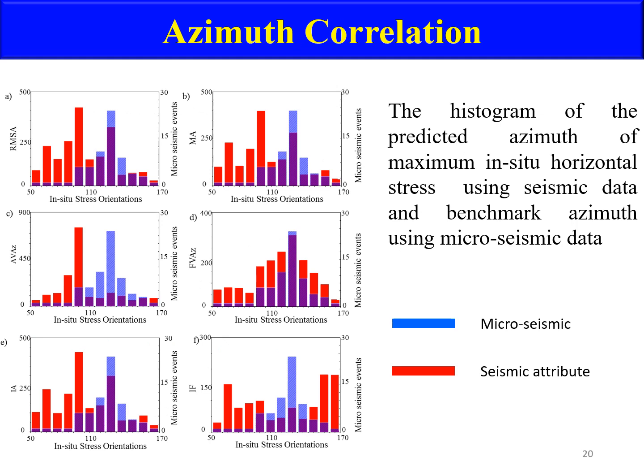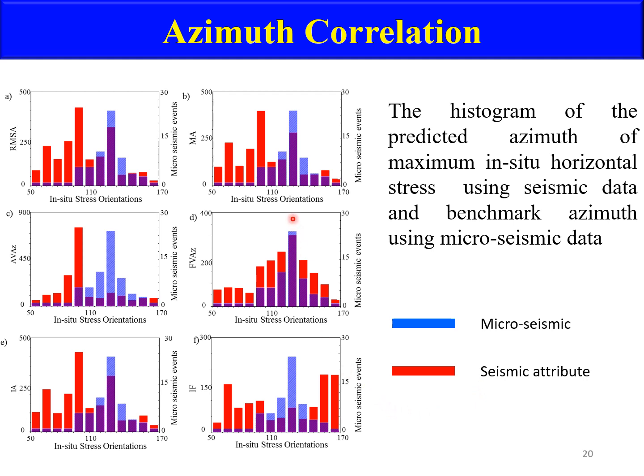In this slide, I show the histogram of predicted azimuth and the benchmark azimuth. The blue histogram is the azimuth of maximum in-situ horizontal stress computed using microseismic data. The red histogram is the azimuth of anisotropy computed using different seismic attributes.